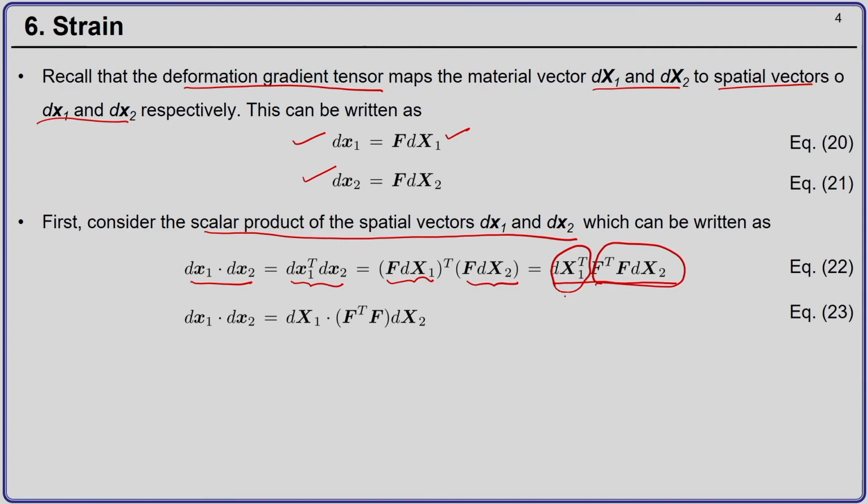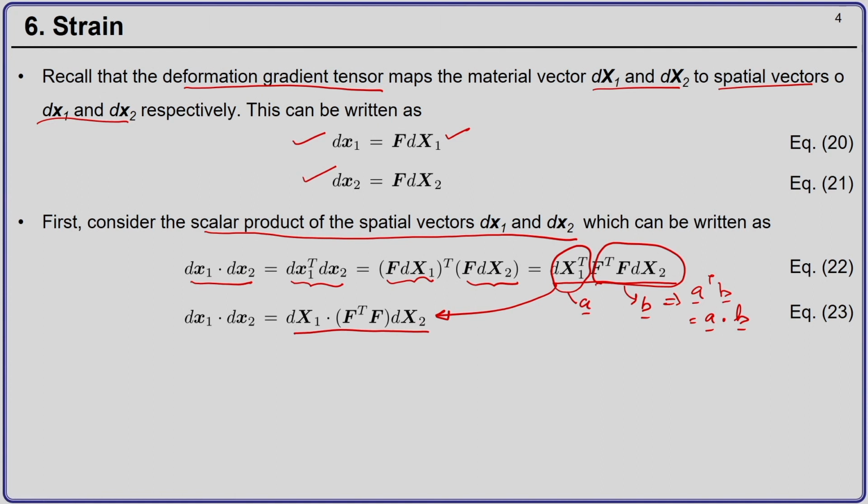If I consider the first as vector A and the second as vector B, this is like A transpose B, so I can write it as A dot B. So I can write this expression as dx1 dot F transpose F dx2.